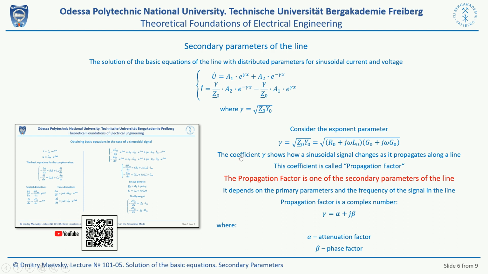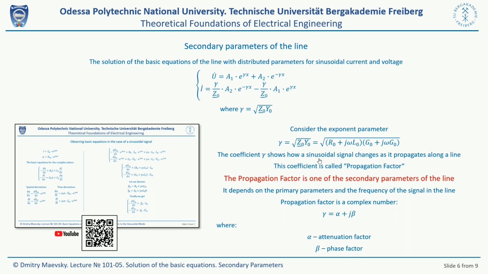Both of these numbers are expressed in terms of primary parameters of the line and the angular frequency of the sinusoidal signal. Thus, we can express the gamma coefficient in terms of the primary parameters of the line and the angular frequency of the sinusoid.